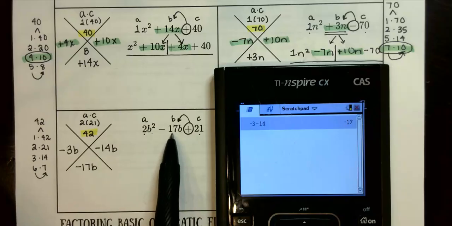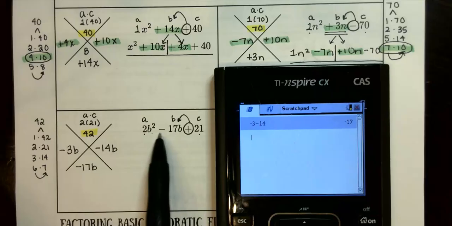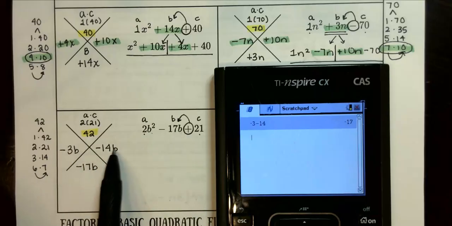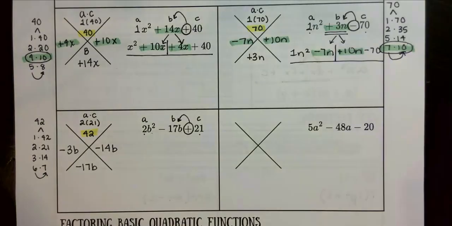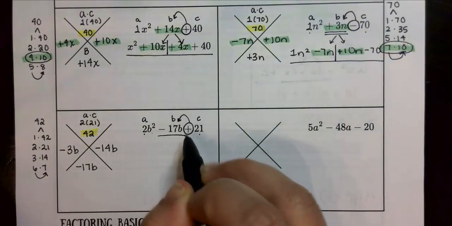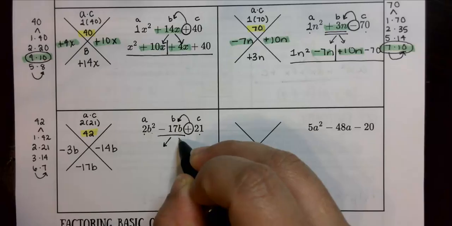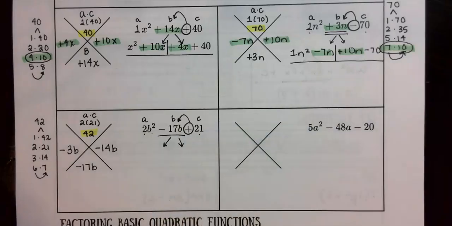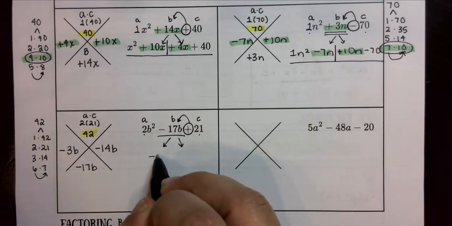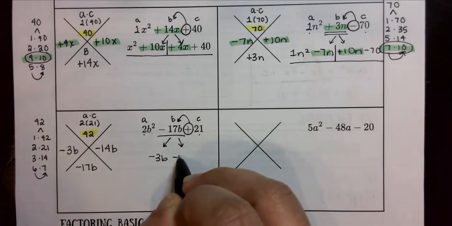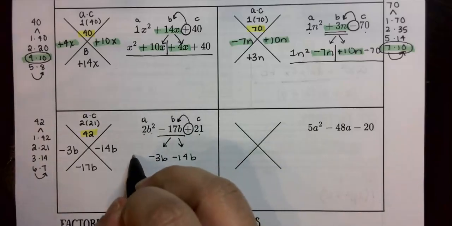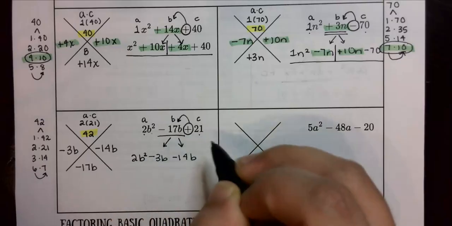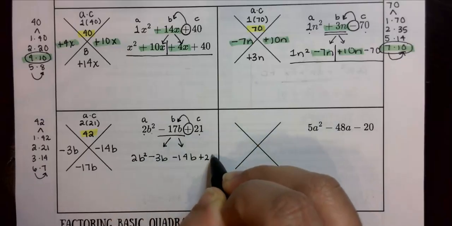We are not just replacing the 17, we have to replace this whole thing, so we need to make sure these 2 numbers combine to give us a negative 17b. I'm going to underline the negative 17b and draw 2 arrows to represent that I'm going to replace the negative 17b with those 2 numbers. So I'm going to put negative 3b minus 14b, and I'm going to bring down the first term in the front, 2b squared, and take that plus 21 here.